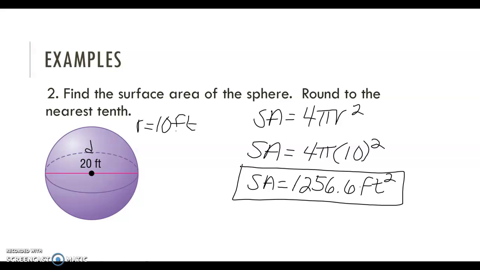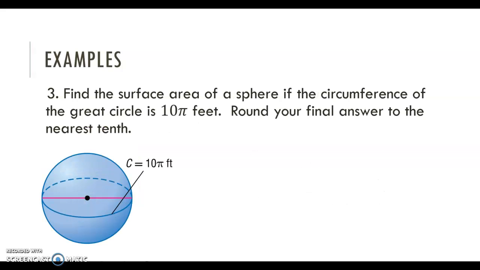Okay, let's keep going. So this one we're given a little bit different directions. We are going to find the surface area still, but we are given the circumference of the great circle. Now when they say great circle, they just mean the biggest circle around the sphere. So we're given that circumference.